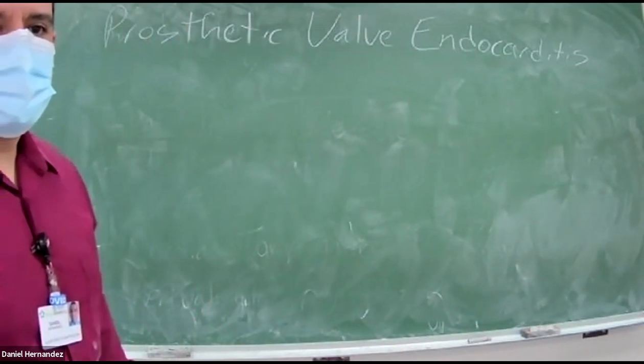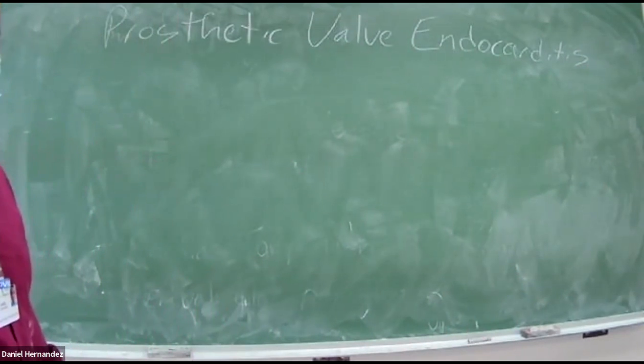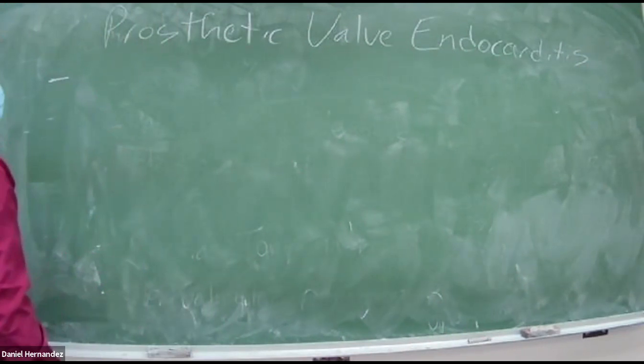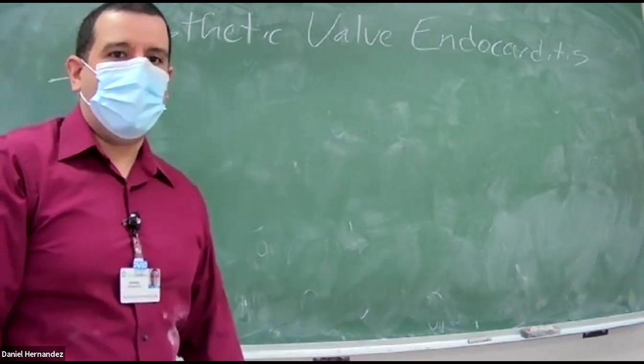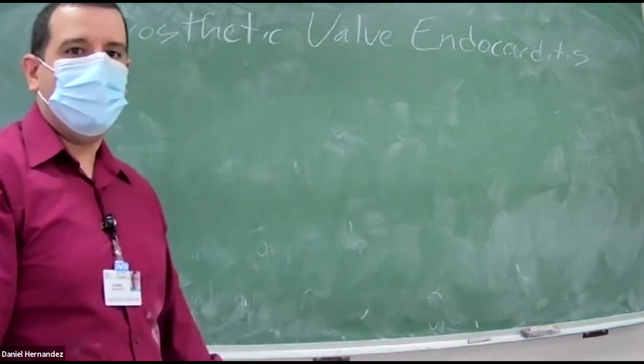That is, the actual placement of the valve itself being implanted into the underlying tissue. Depending on the valve, if it's a mechanical valve that's metal, we'll get a fair amount of shadowing.